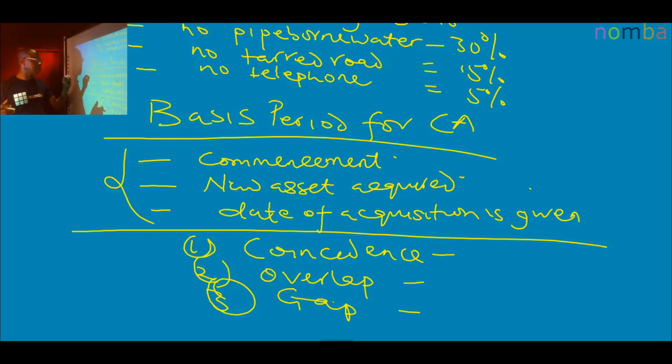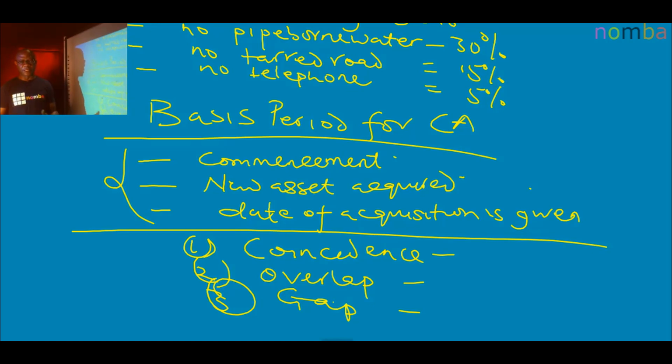This part of the topic is better understood with the question. Where 2 periods coincide, the period common to both is deemed to belong to the earlier YOA. And then for overlap, it has something to do with coincidence. The period common to both is deemed to belong to the earlier YOA.